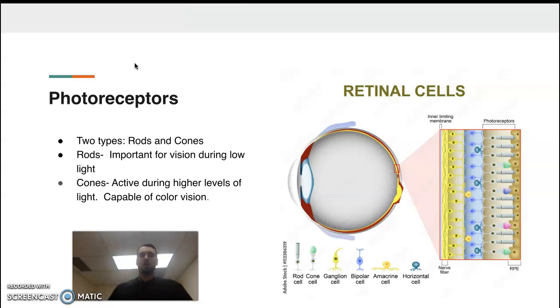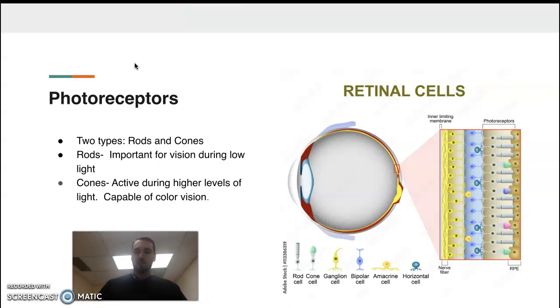While we are able to use cones for higher levels of light, and the cones are responsible for helping us see color. There's a whole different process on what that involves in terms of seeing different wavelengths of light and all that stuff.